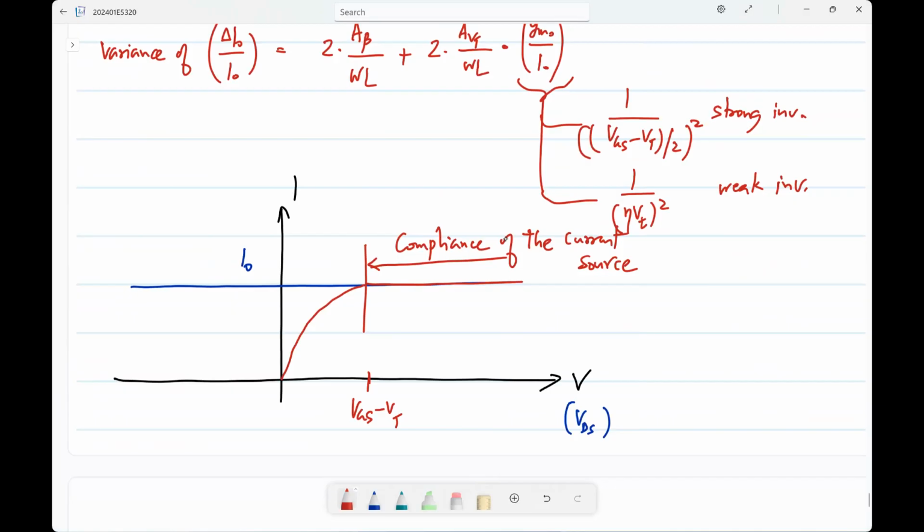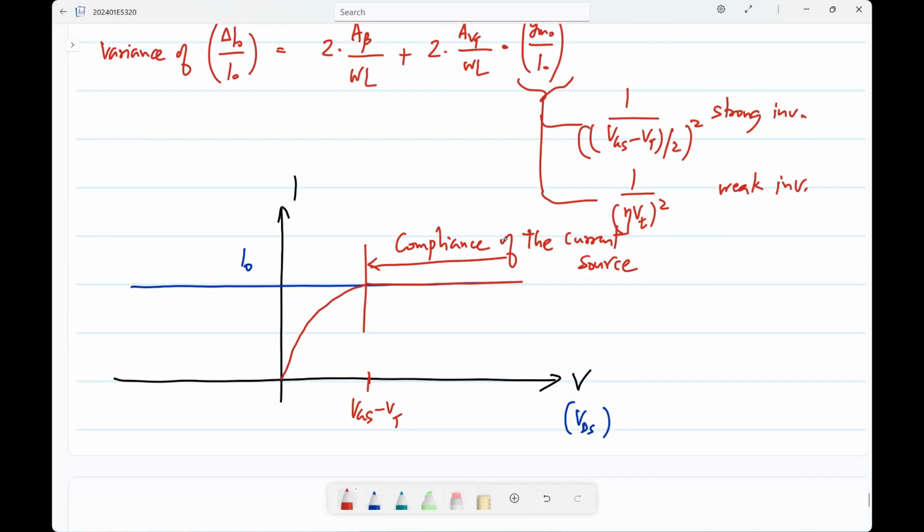So we have seen process and temperature variations, which we consider to be common to all the components on a chip. And now we have mismatch, which is really different for each component. So we cannot specify it individually. Only thing is we can specify some statistics of it. So for instance, you are asked to make a current source and you can calculate the variance or standard deviation of delta I naught by I naught.